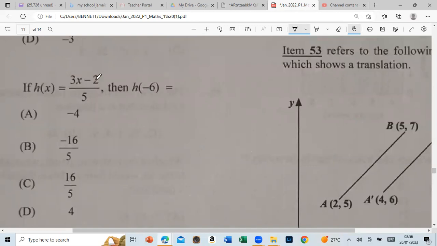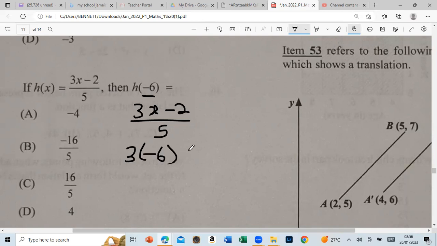Alright, so all we're going to do is to substitute the value. Anywhere we see x, we're going to put negative 6. Now, let me write back this. So it's 3x minus 2 over 5. So we have 3 times minus 6 minus 2 over 5.